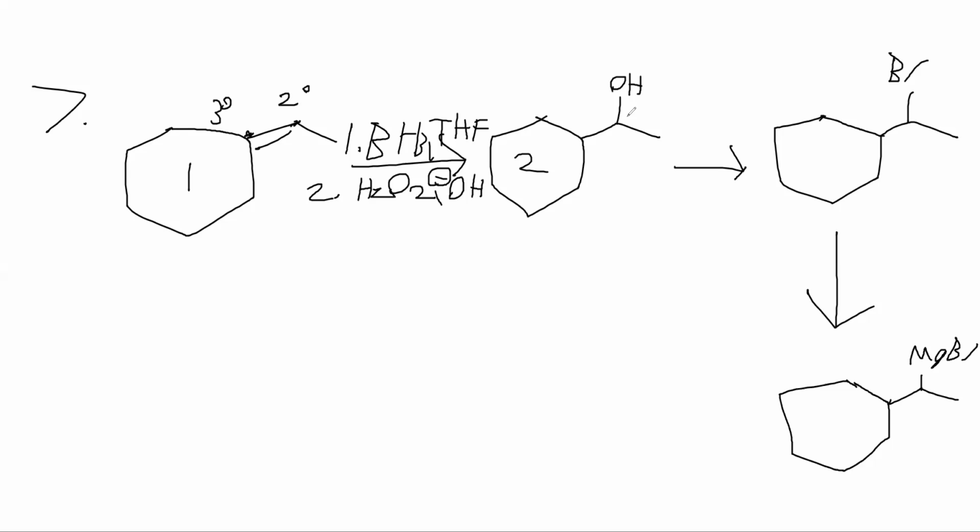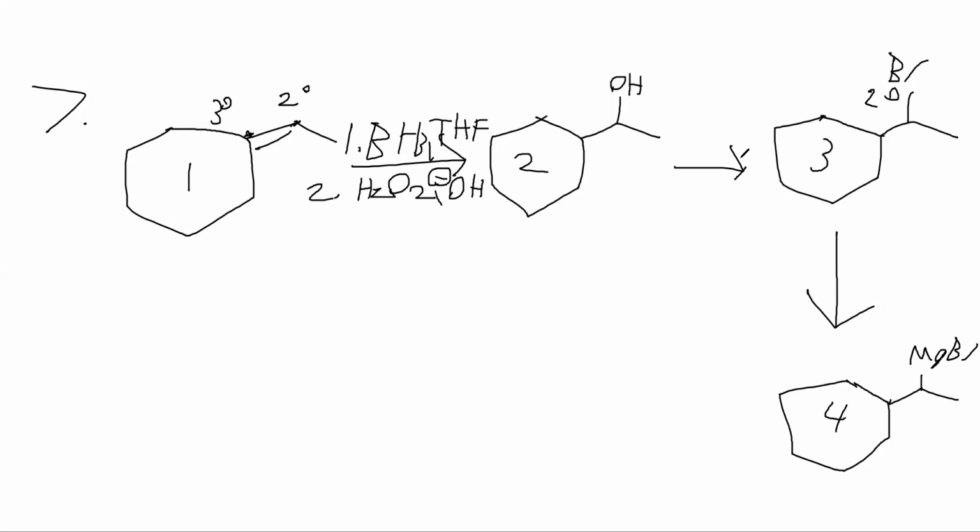Okay, what about going from this alcohol to the alkyl bromide? In step 3, what conditions can lead to that? Since this is a secondary alkyl halide, both conditions for adding the bromine are equally valid.